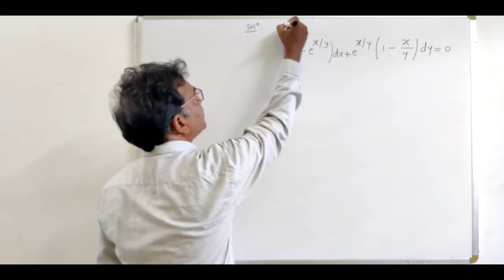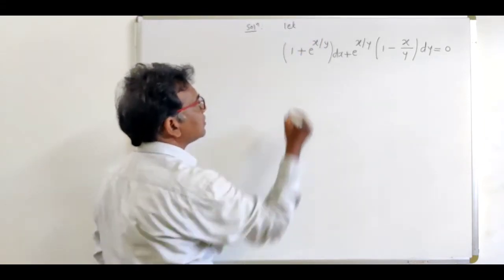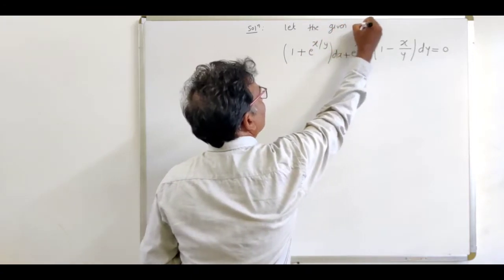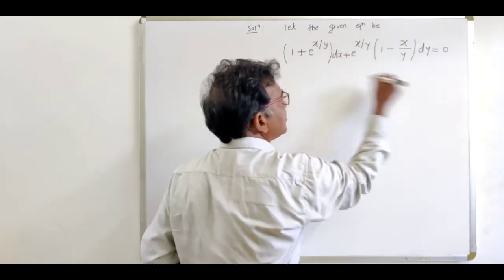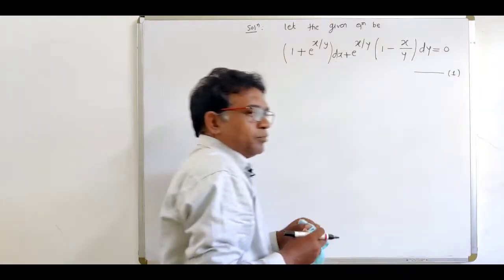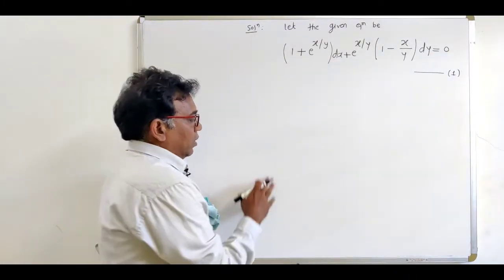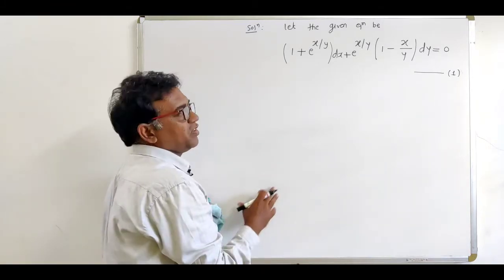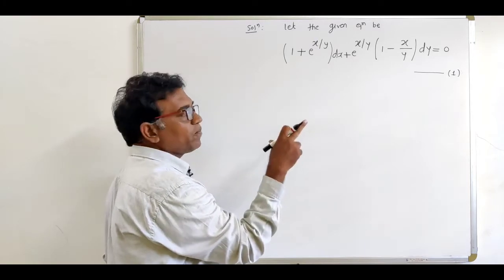So write down the given differential equation. Let the given equation be this, that is equation number 1. Now first of all, note the type of the given differential equation. See what is the standard pattern.